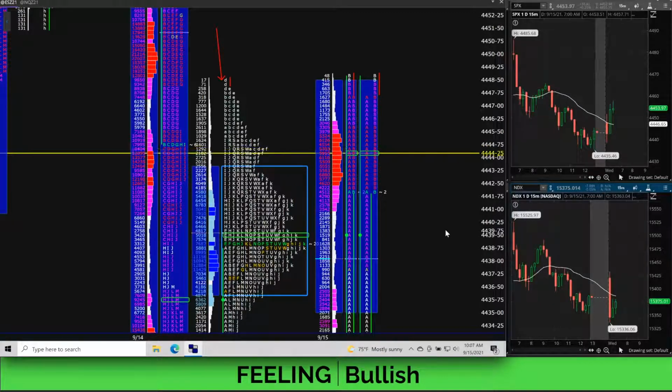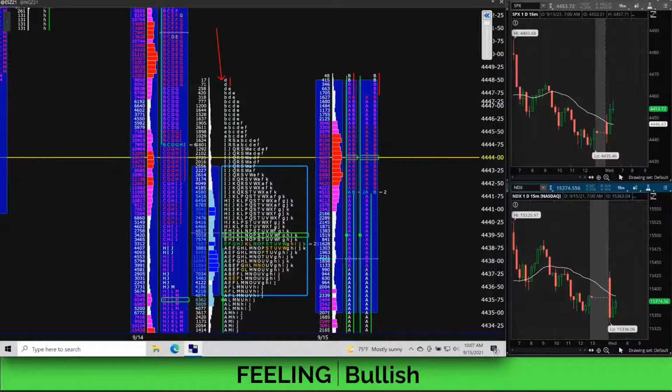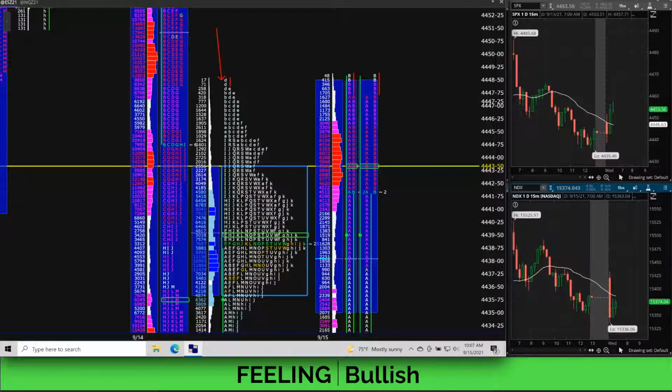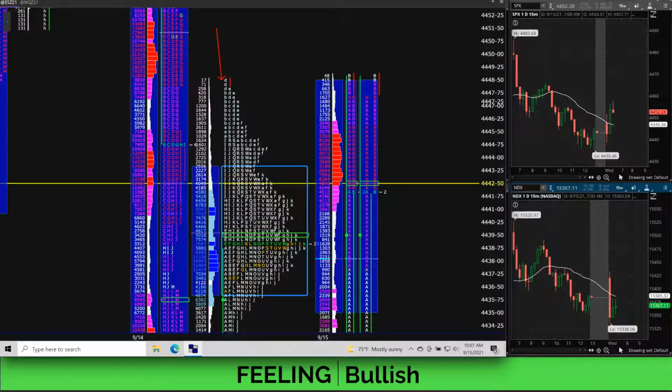But we expected that resistance. Side workers says wait to go long. Nothing wrong with that.